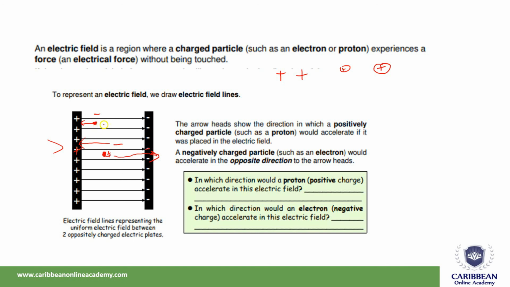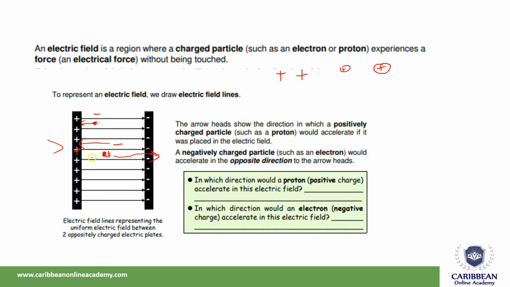Or we could look at it from another standpoint to say that the negative plate would be repelling the negative charge, so hence it will be moving towards the positive plate.